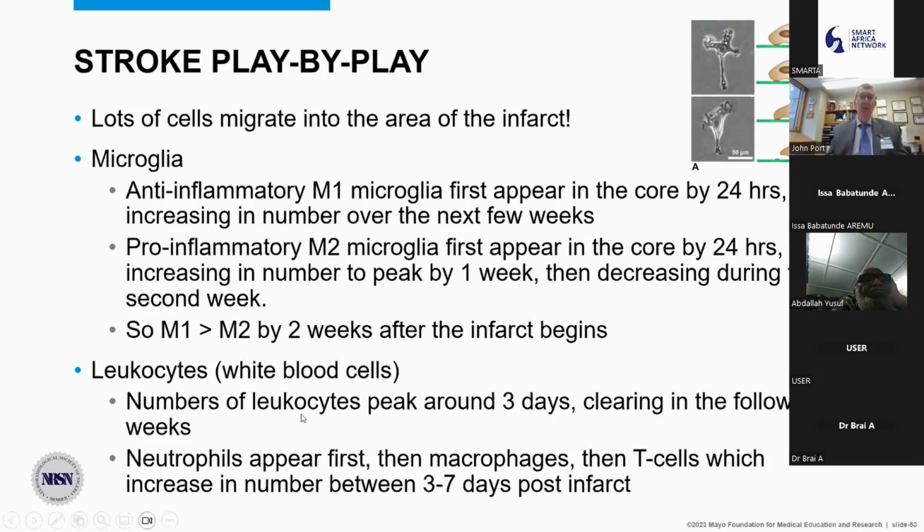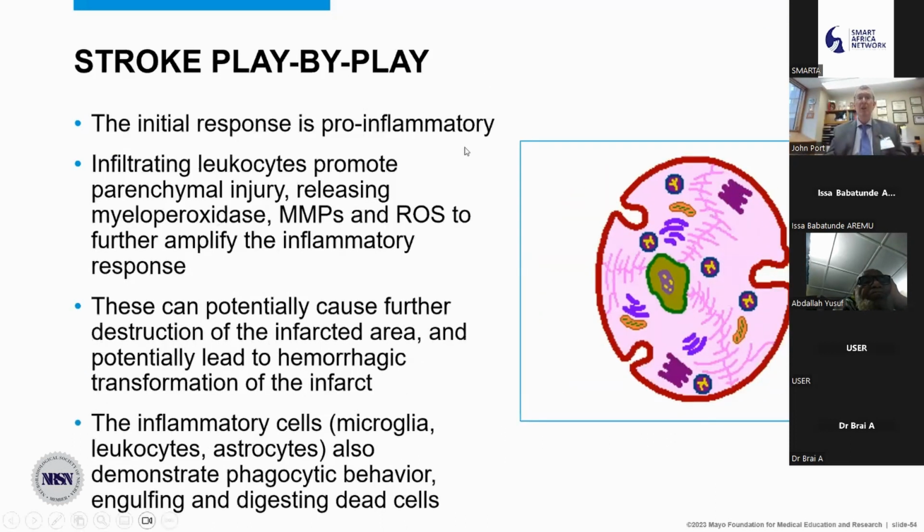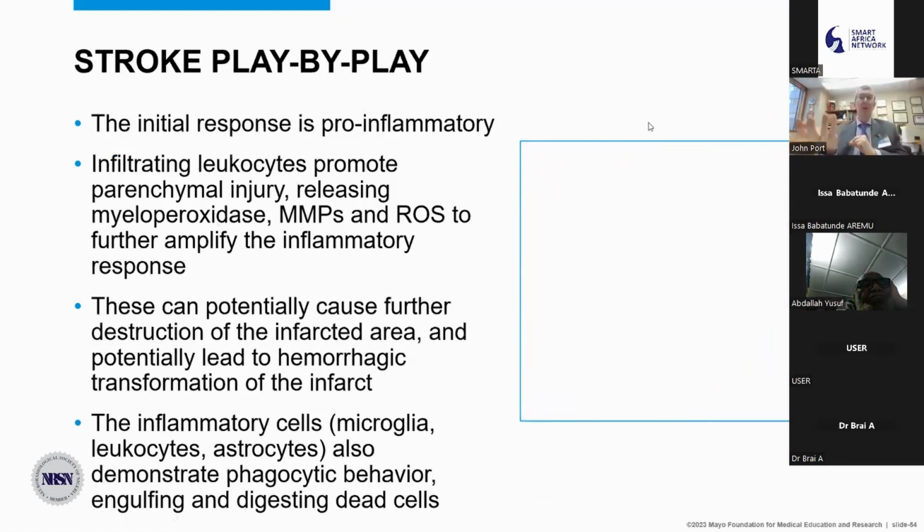More importantly, you've got leukocytes. Leukocytes peak at around 3 days, and the neutrophils are the first to show up. Then you get T cells and so forth. These white blood cells cause swelling and edema, and that's why infarcts swell up, right? They get in there and they start tearing apart brain. The initial response of this white cell infiltrate is to promote injury.